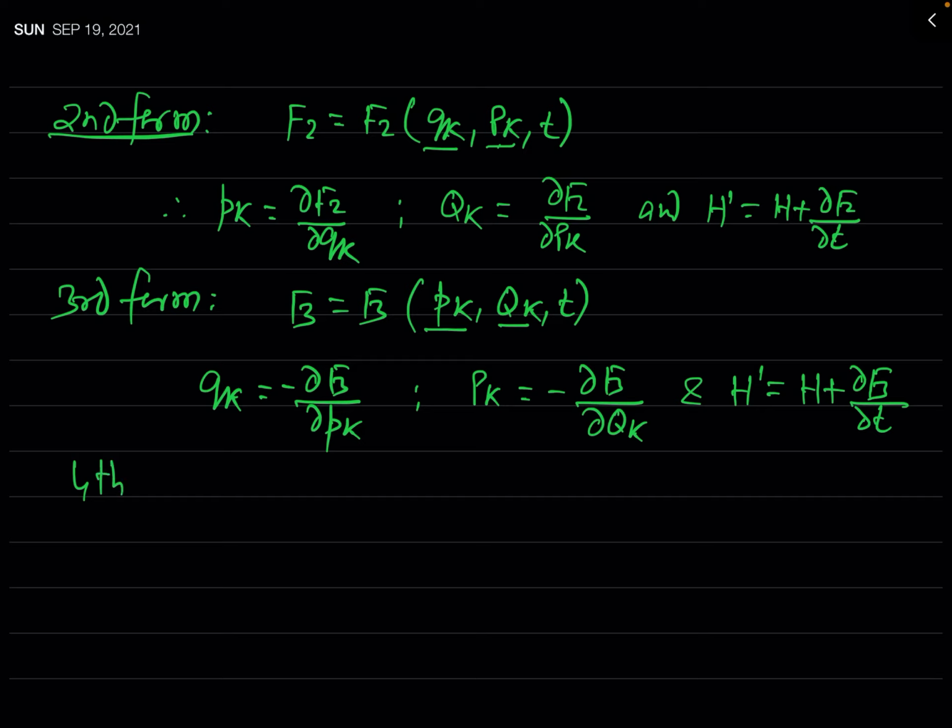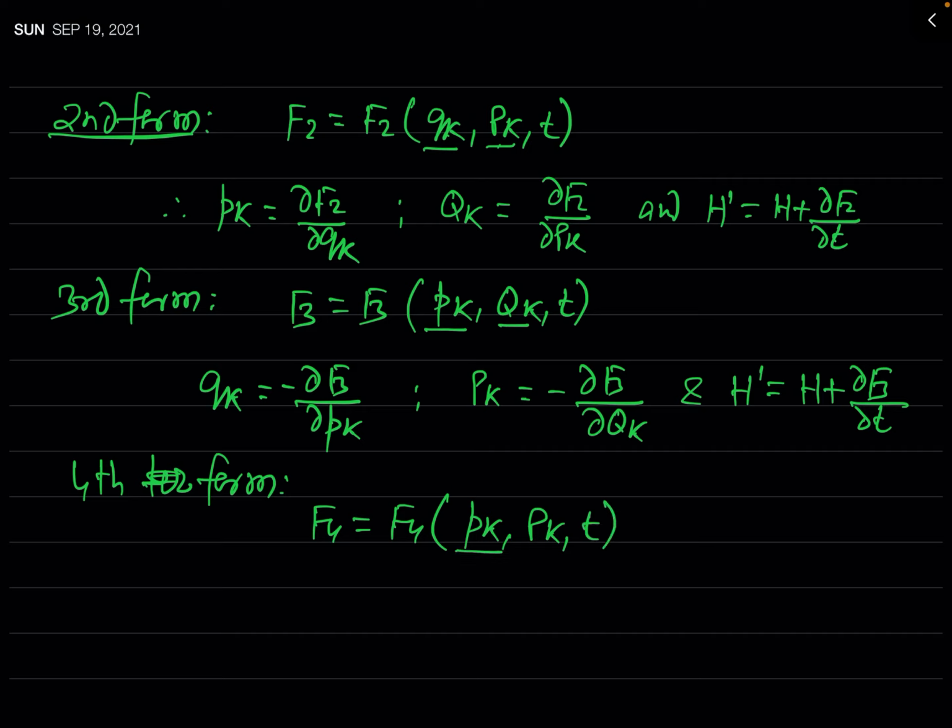Now see the fourth form. What is the fourth form of the generating function? You can see this is F4 of small pk, capital Pk and t.